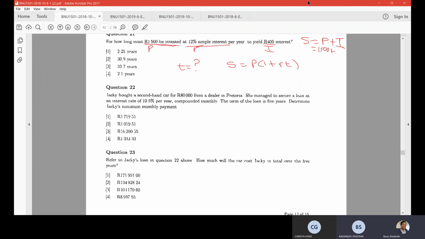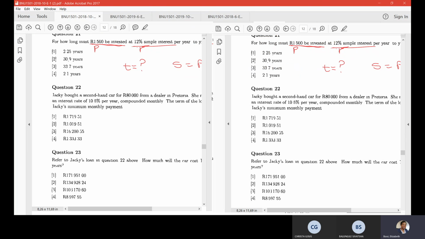Interest is the amount, which is the I, is 405. And then 1,500 plus 405 gives you your future value of 1,905, which is your future value.